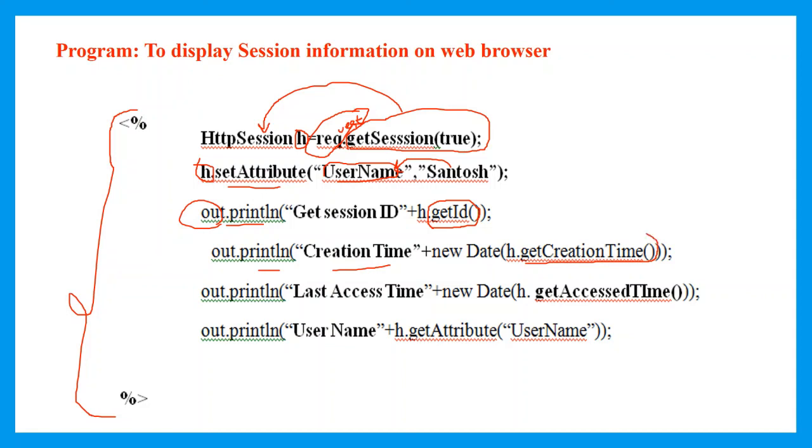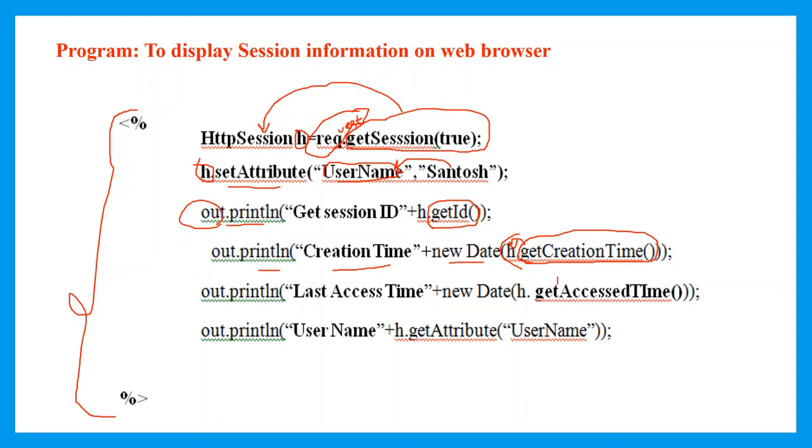The getCreationTime method returns the date and time of the session created. Similarly, this method belongs to the HttpSession interface, and we pass this as an argument to the constructor called Date, because this method returns the result as date and time. Now similarly, I want to access the last access made by the client.